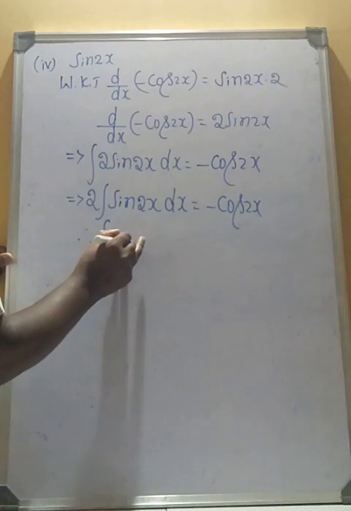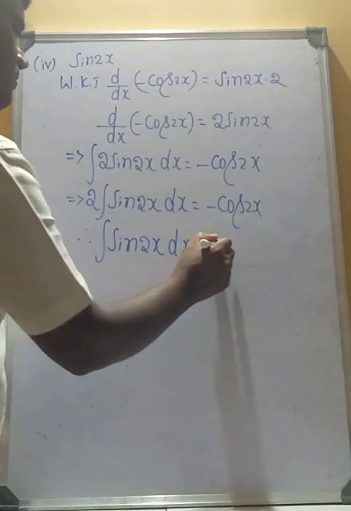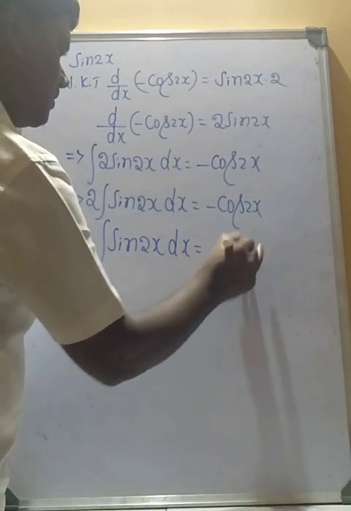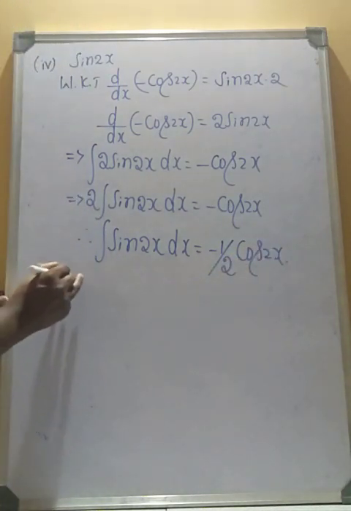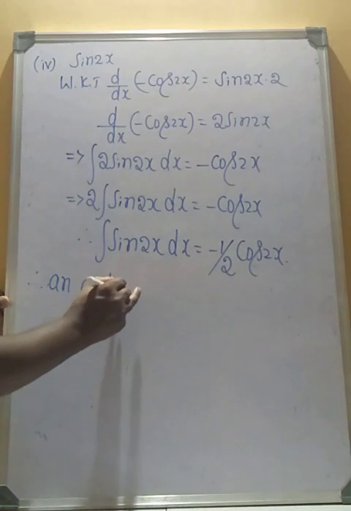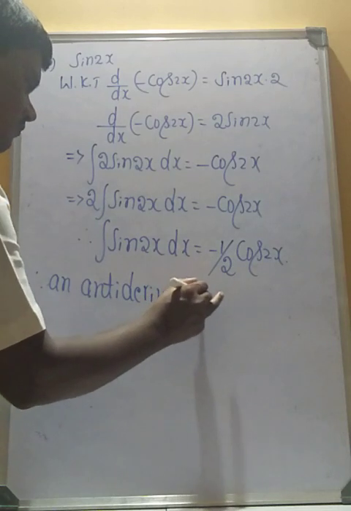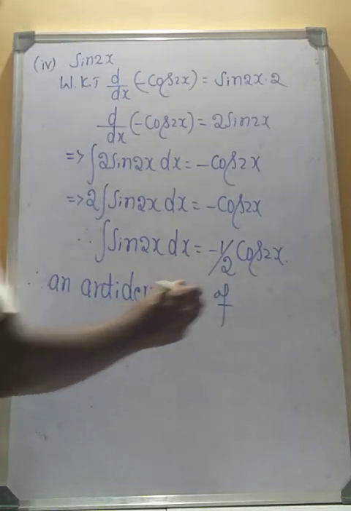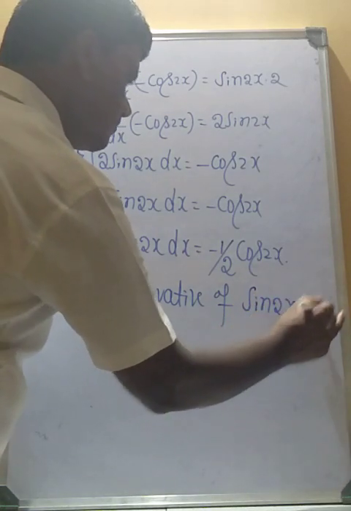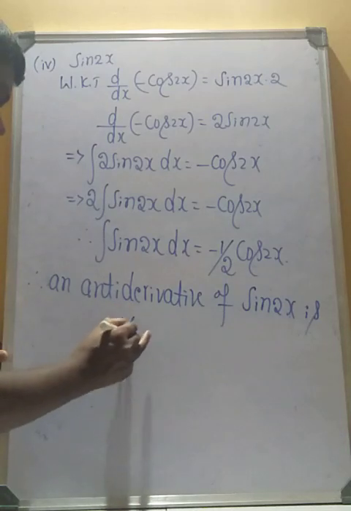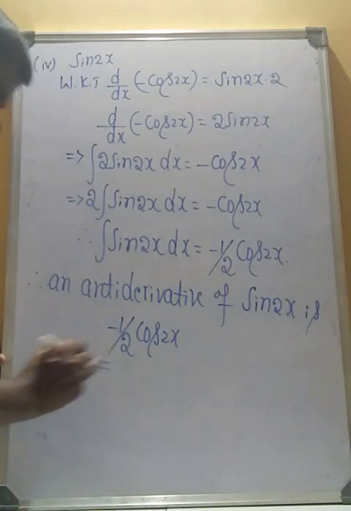Therefore the integral of sin 2x dx is equal to minus 1 divided by 2 into cos 2x. Therefore an antiderivative of the function sin 2x is minus 1 divided by 2 into cos 2x.